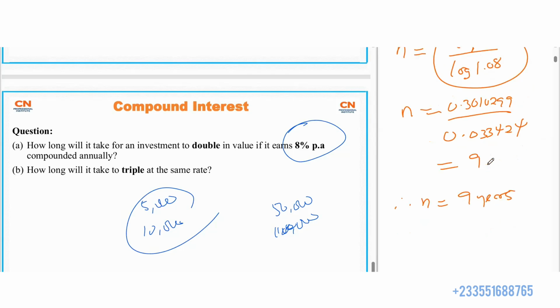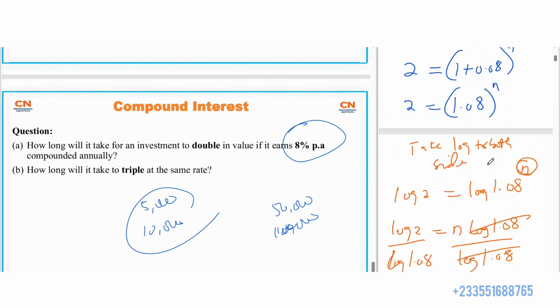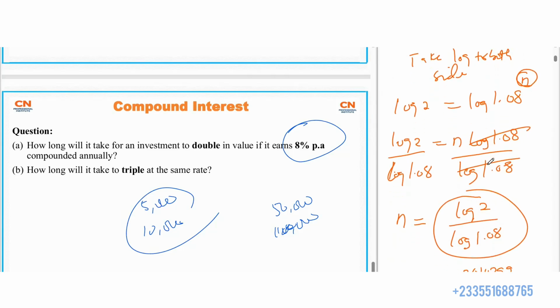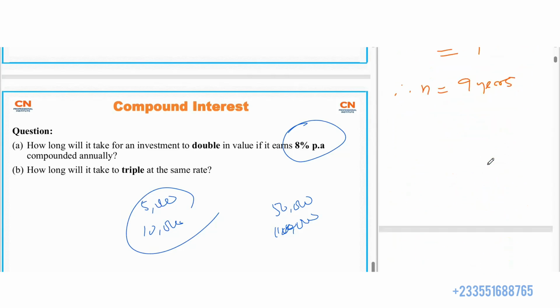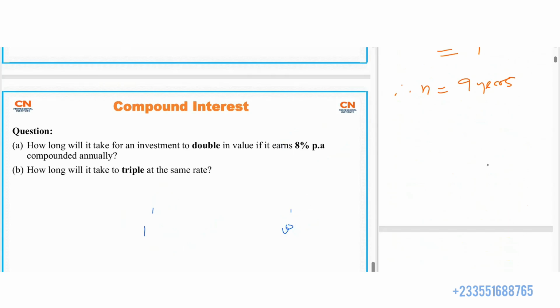Then let's look at the last one here. It's similar though. So let's look at the B. It's the same approach. This one is saying how long will it take to triple at the same rate? So the rate is still 8%.